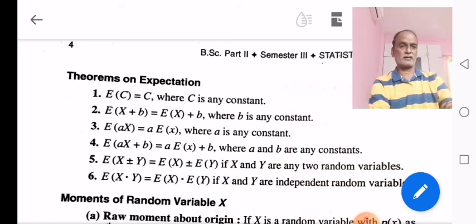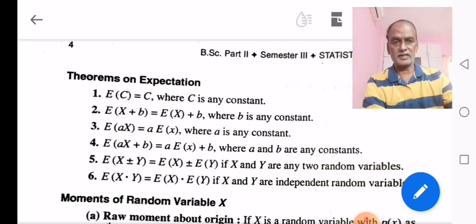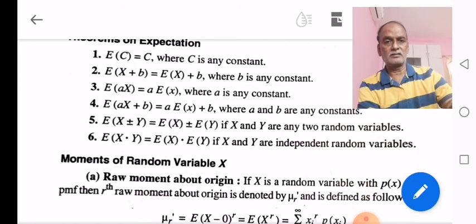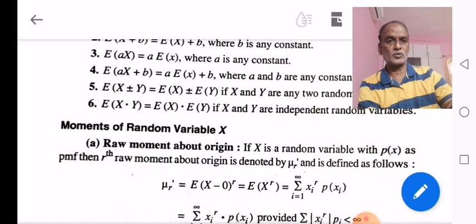If X and Y are two independent random variables, then the expected value of their product, E of XY, is equal to E of X times E of Y. All these proofs we have studied in the first year, and therefore proofs are not expected here. Those who are interested can see last year's notes, where you will get the proofs of all these expectation properties.